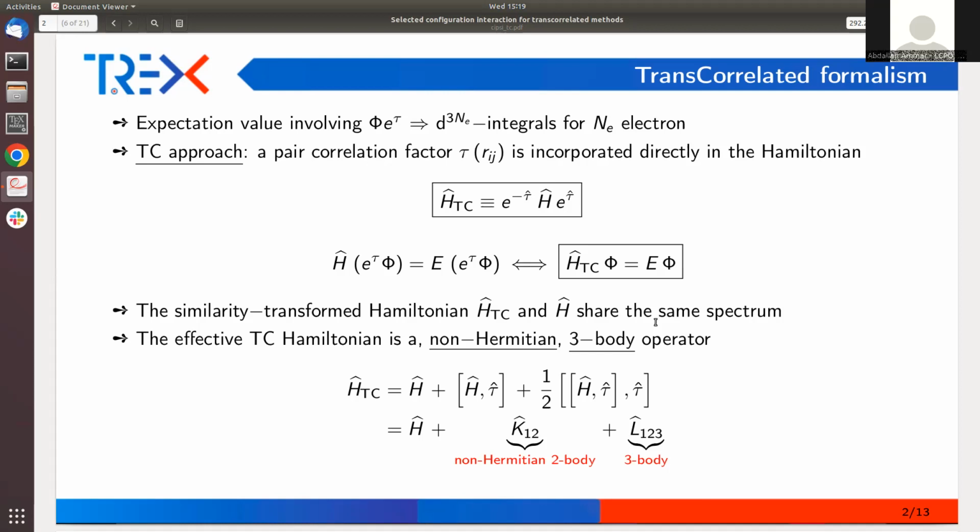So I think I understand your question. In this case at least, we end up with a non-Hermitian Hamiltonian because we impose some shape on the wave function which is not necessarily the exact wave function.